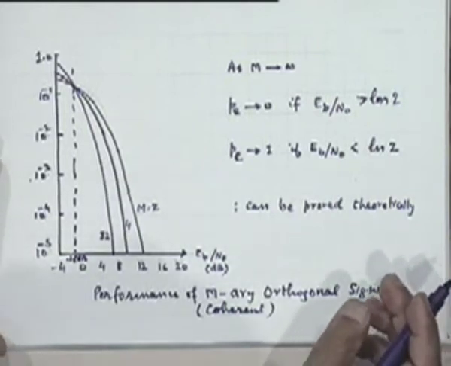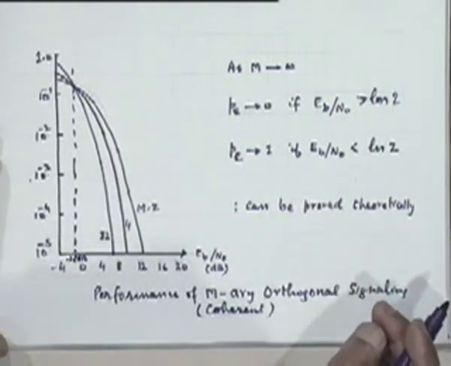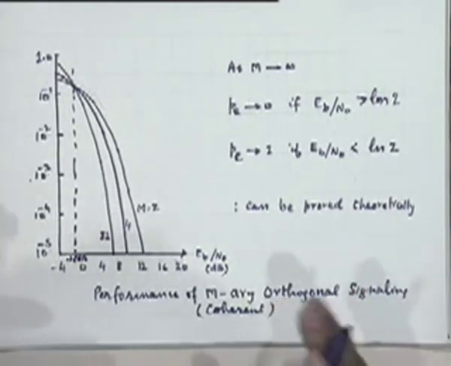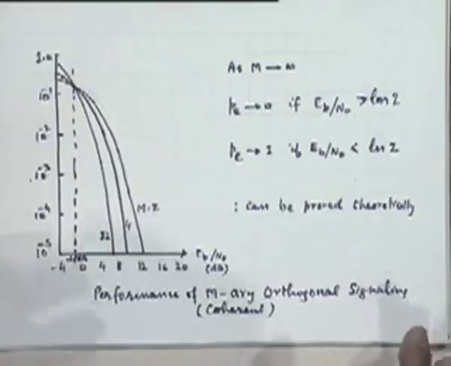That's a very interesting, remarkable result. I hope you appreciate that, because unlike what you might be thinking for M-ary modulations in general, particularly when we talk in the context of 2D M-ary modulation schemes later, as we'll see, the error probability does not increase with increasing value of M, which you might expect to happen.